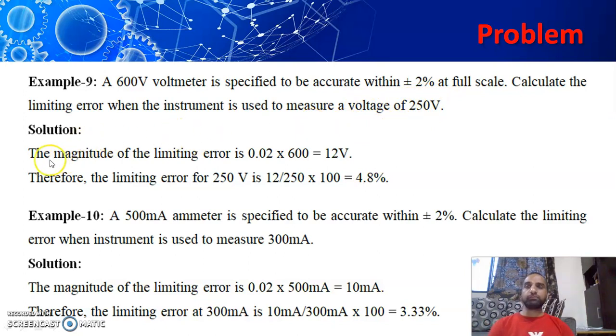So how to calculate the magnitude of the limiting error? The limiting error is plus minus 2%, so we take 0.02 times the full scale deflection of 600 volt, so it becomes 12 volt. Now the limiting error for the same instrument at 250 volt is 12 volt divided by 250 times 100, so we get 4.8%. So 4.8% is the limiting error for the same instrument when we use it for a voltage of 250.